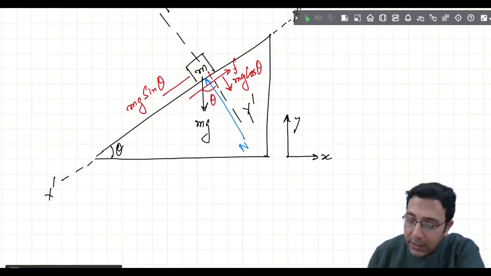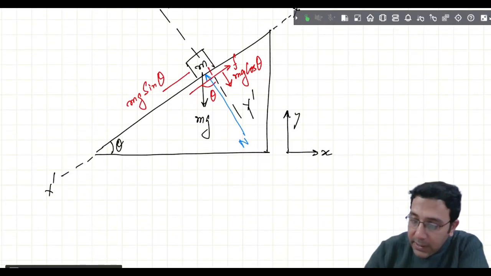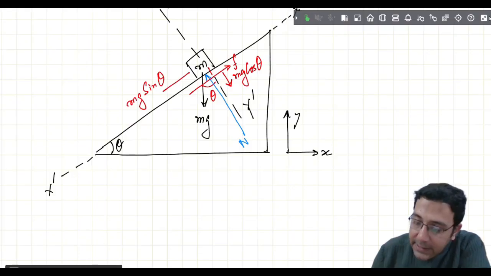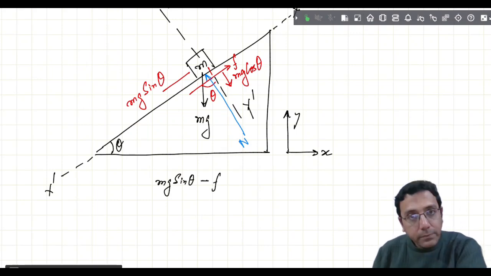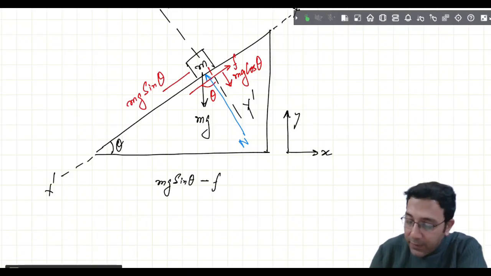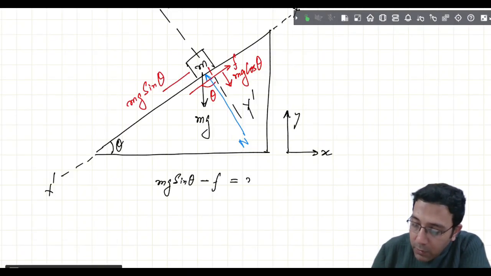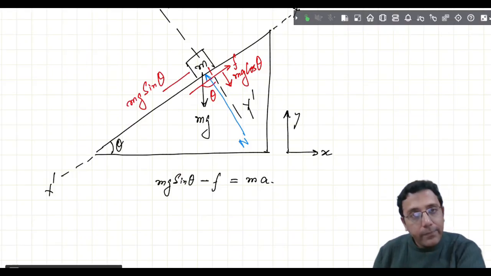Now if I do the force analysis, what should I write? Mg sine theta is down. So mg sine theta minus F. Friction is offering resistance to the body going down. So mg sine theta minus F should be equal to m into a.